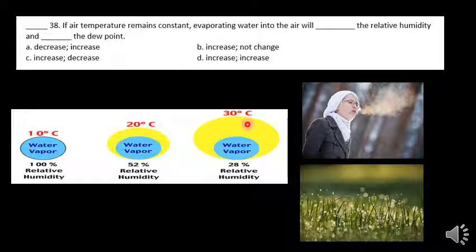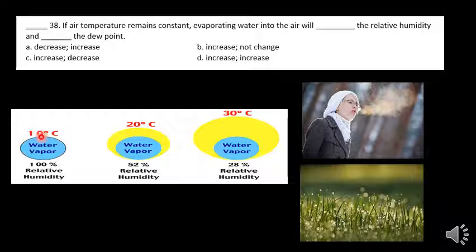And so the opposite is true for the dew point. The dew point's the temperature you got to get down to for it to be 100%. It can't hold any more, and it'll squeeze out and form clouds. So let's look at like 30 degrees Celsius. The question says, if I was to evaporate more water into it, if I was to make this blue dot bigger, I wouldn't have to cool it down as much.